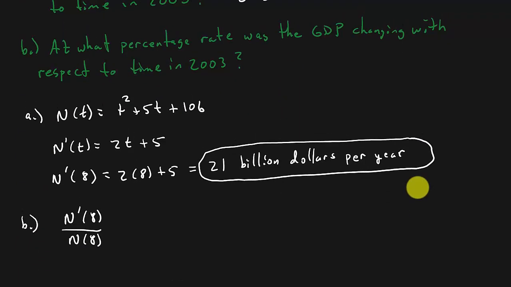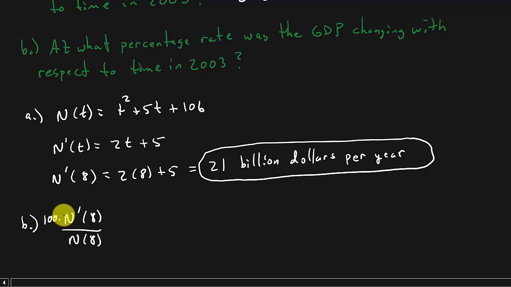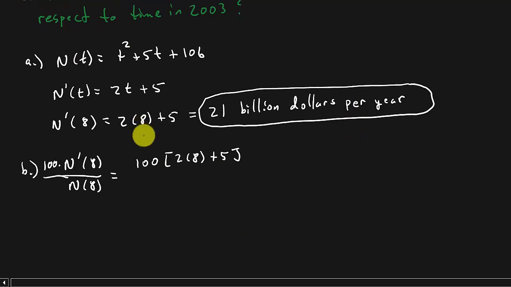All right, so we need to multiply this times 100. That's going to be 100 times 2 times 8 plus 5. I know I already calculated that to be 21, but I'm going to show you that we're taking the 8, plugging it into the derivative, and then dividing by 8 squared plus 5 times 8 plus 106.